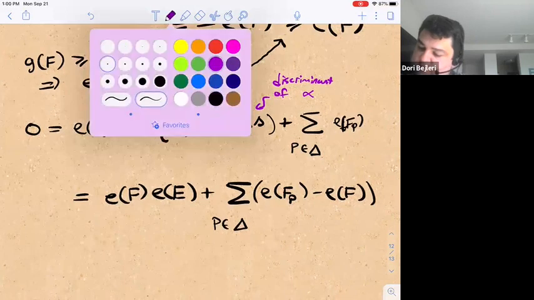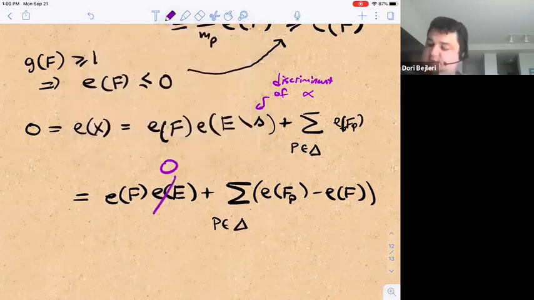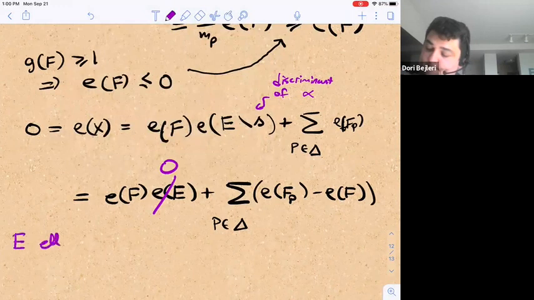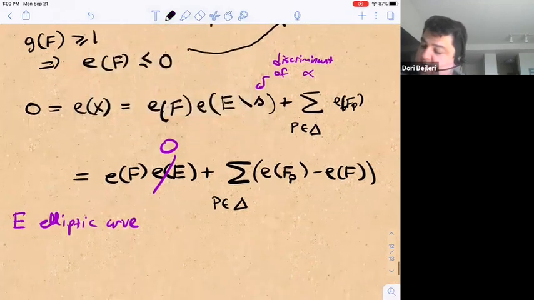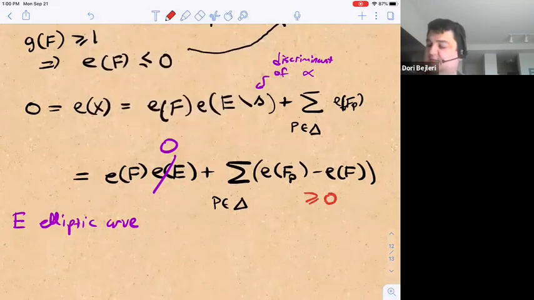But now this is 0 because E is an elliptic curve. And then each of these terms is greater than or equal to 0 by this lemma above. So the only way they can be 0 is if they're all actually equalities.